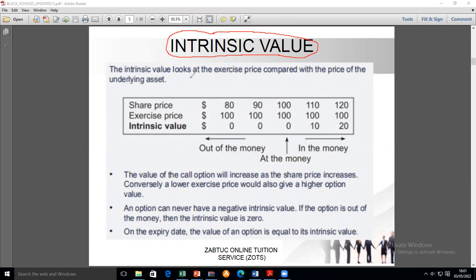The intrinsic value looks at the exercise price compared with the price of the underlying asset. We have a right to buy shares. You have a right to buy shares at $100.